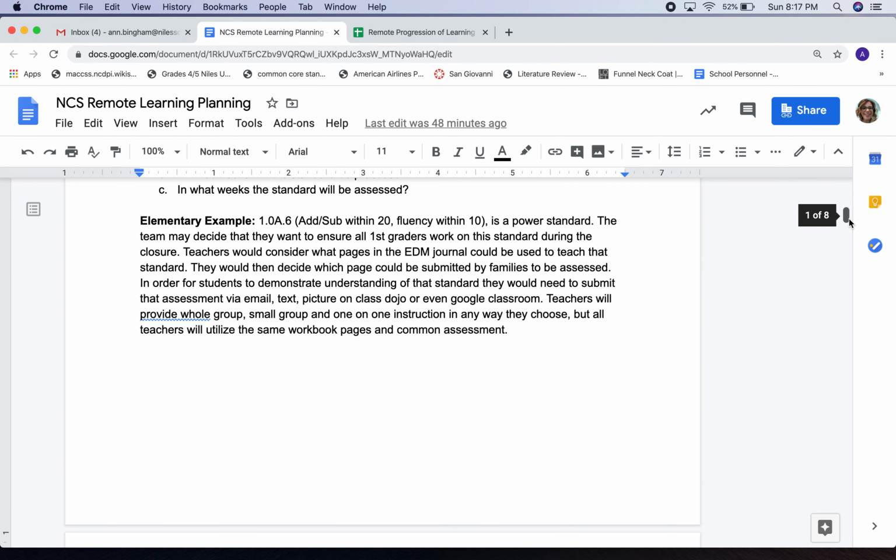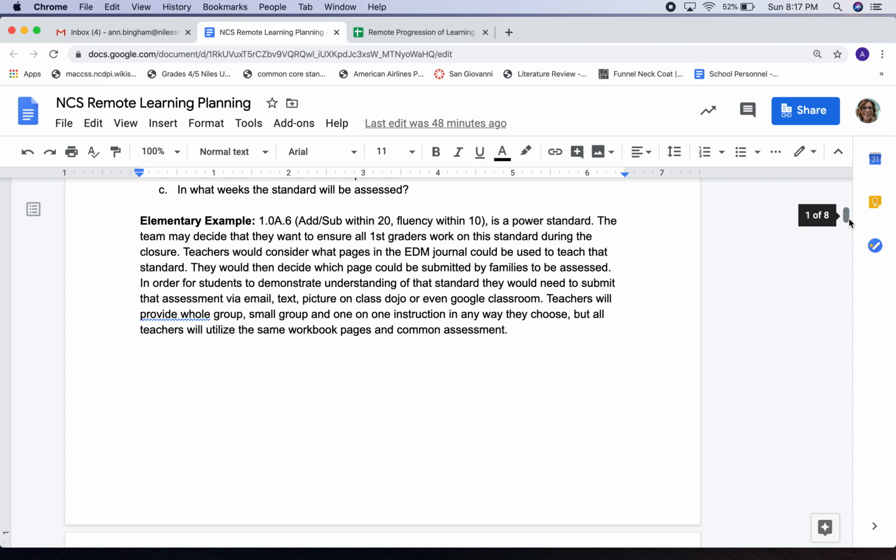If you're in elementary, again, we're just going to be focused on math and ELA. And in order to make best use of the resources that we have, we are going to be requiring that all assignments come from the Everyday Math journals and the Pearson Interactive journals for ELA.